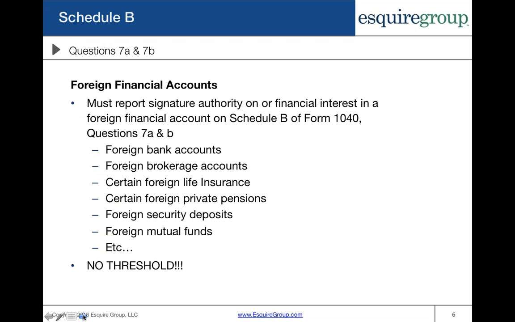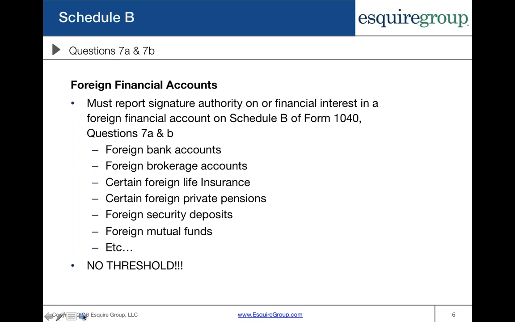Now, something that I want to touch on, which is part of your tax return, but very closely related to the FBAR, is Schedule B to your Form 1040 tax return. On the bottom of Schedule B, there's two questions, 7A and 7B.